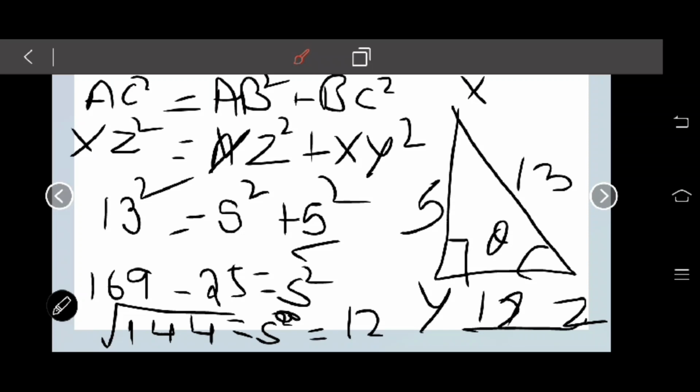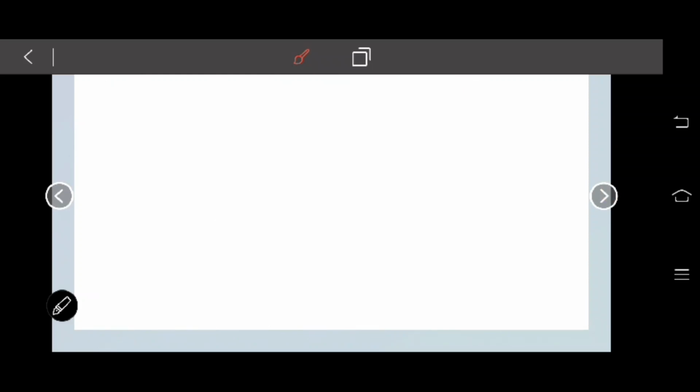This is the Pythagoras theorem and its relations. I guess the Pythagoras theorem is clear for everyone. If any doubts, please let me know, and I'm going to give you some practice questions. Before the practice questions, let me explain some other kinds of questions also.